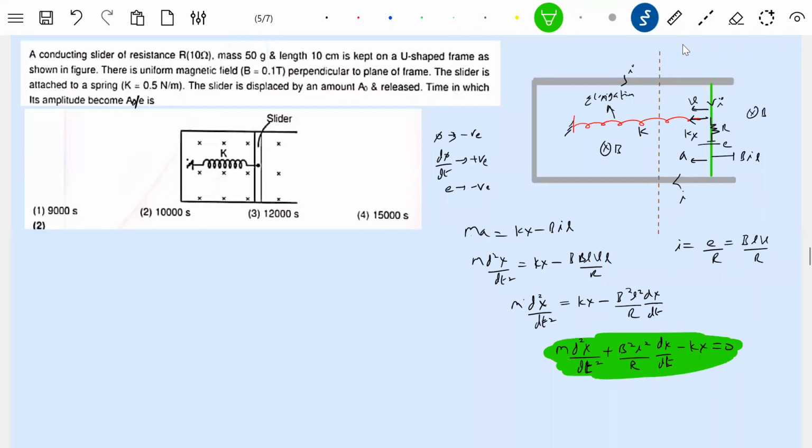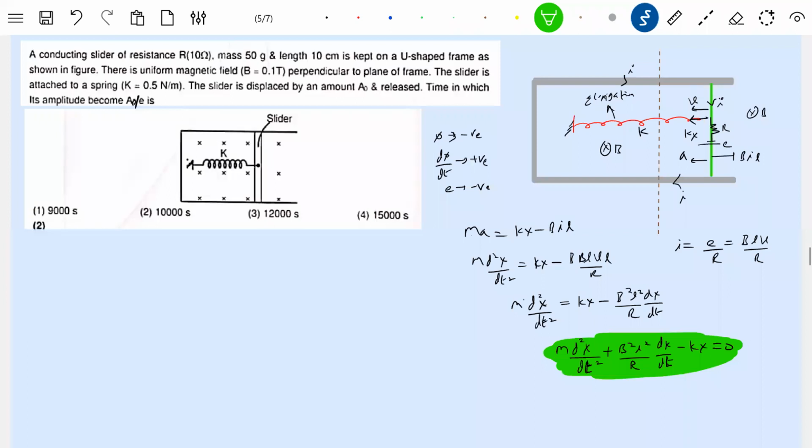Now, what is this? What to do after this? No answer from you. Tell me, which chapter? Somewhere in a chapter you have come across a situation of this kind.